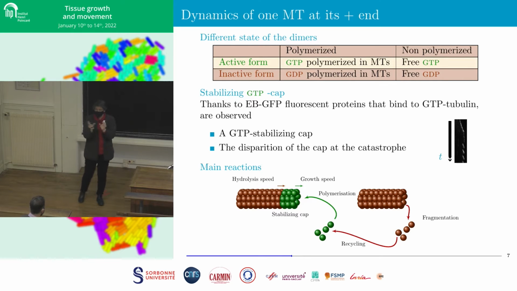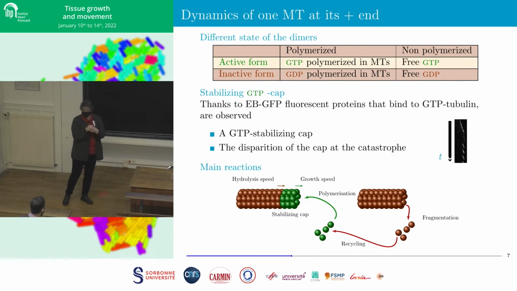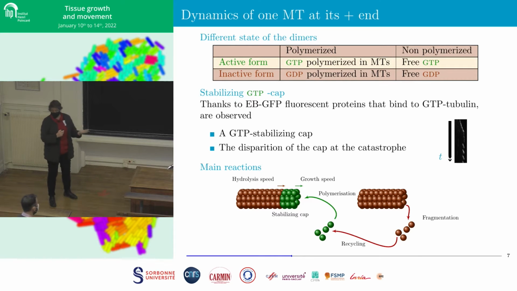The evolution of the cap is due to two reactions, polymerization and hydrolysis. When the hydrolysis rate is bigger than the polymerization rate, the cap starts to diminish. And when it disappears, the microtubule is able to depolymerize.